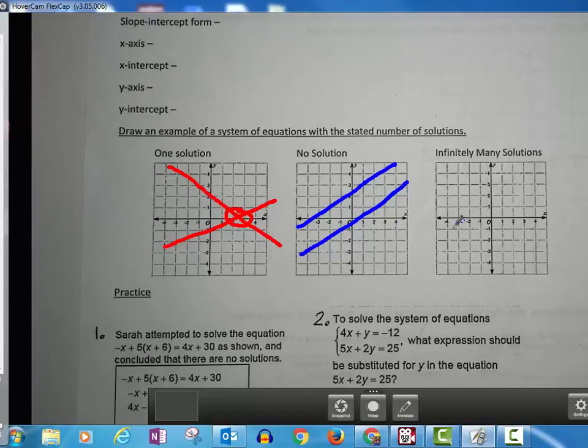In this case, it's going to appear that there's one line, but there are actually two, and I'm going to use two colors, so they'd be laying on top of each other. So it's intersecting at every single coordinate pair, and that is an example of a system of equations graphed, whether you have one solution, no solutions, or infinitely many solutions.